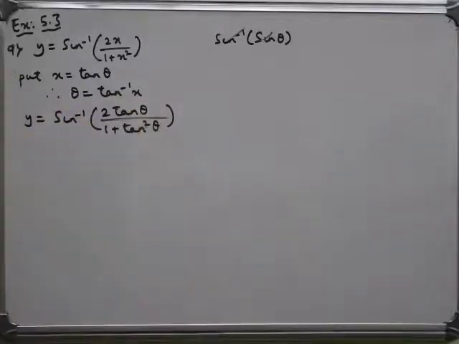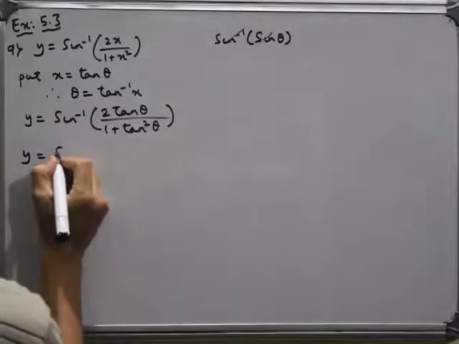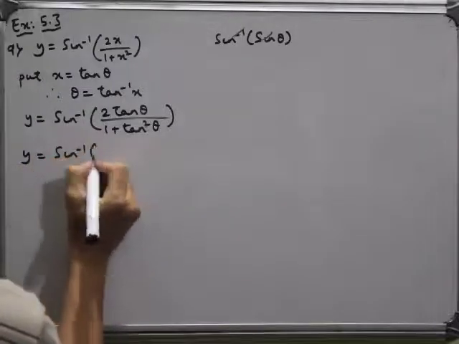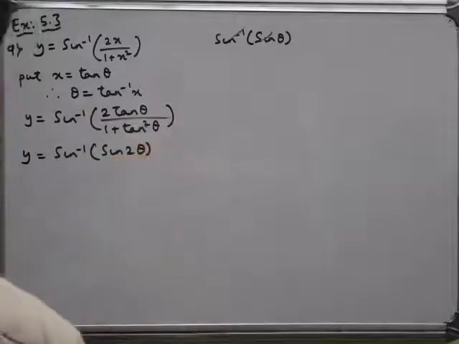So 2 tan theta divided by 1 plus tan square theta is nothing but sin 2 theta. Sin inverse of sin 2 theta.